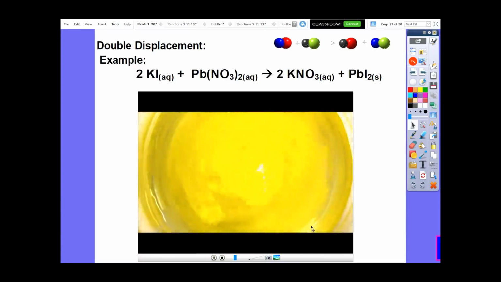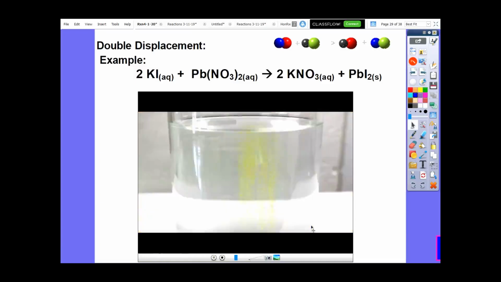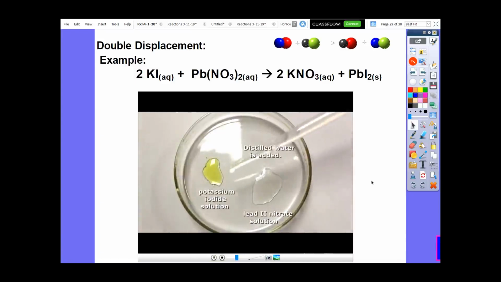So something to point out, as they're mixing the two chemicals, it's not making a yellow solution. You can see the little dots of yellow right there. It's making a solid.